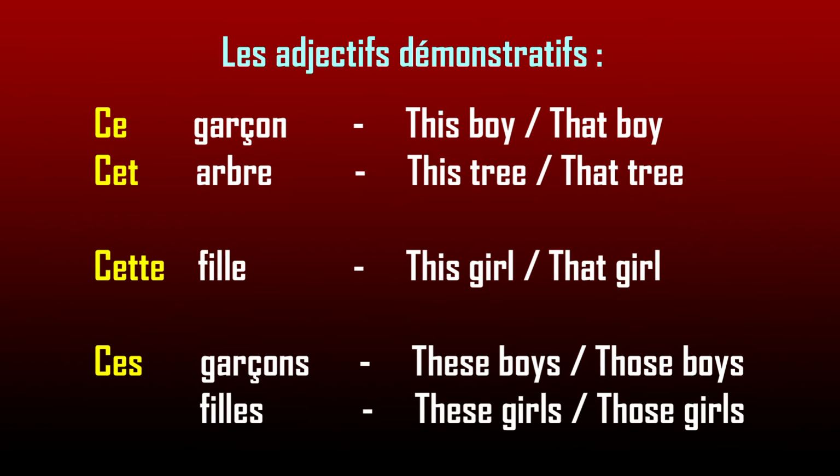How do I make others understand that my first usage of ce is this and the second ce is that? How to convey specifically this and that, a noun which is near and the same noun which is far.